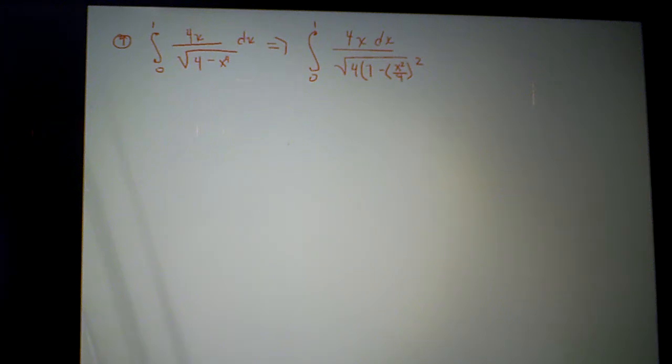No dippy. 2. X squared over 2 is x to the fourth over 4.